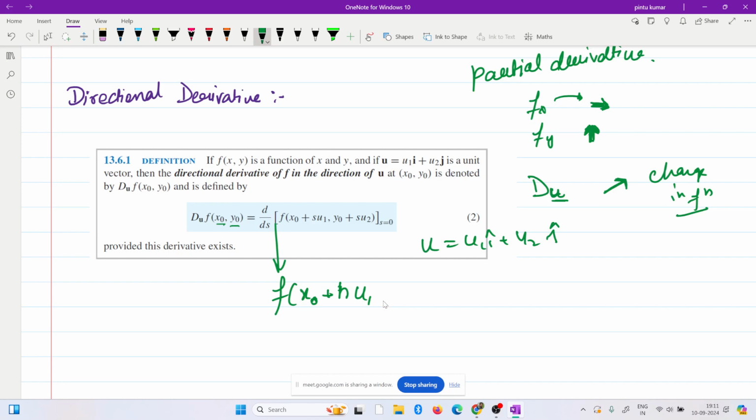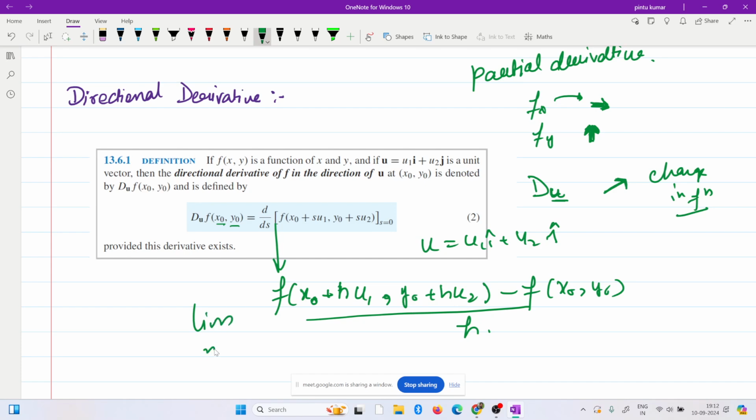This is the direction, comma y naught plus h times u2, minus f of x naught comma y naught, divided by h, right? And you take limit h tends to 0. Right? This is the derivative, and in the compact form it is written like this, where you calculate your function in this form, take its derivative with respect to s, and you replace s to be 0. This is same as doing this. Okay.